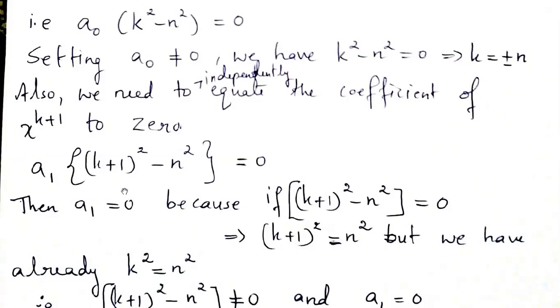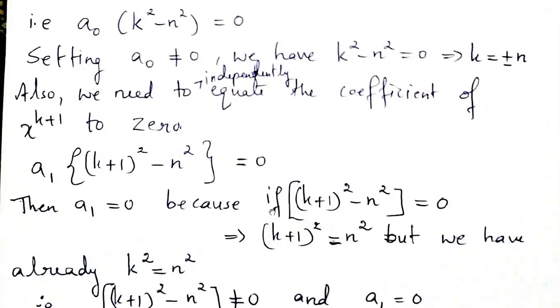Because if you take the value of this particular term as 0, that is, if you say that the value of (k plus 1) whole square minus n square is equal to 0, that will imply that (k plus 1) whole square is equal to n square. But this can't be true, because while taking the value of a naught, we have already assumed that the value of k square minus n square is equal to 0.